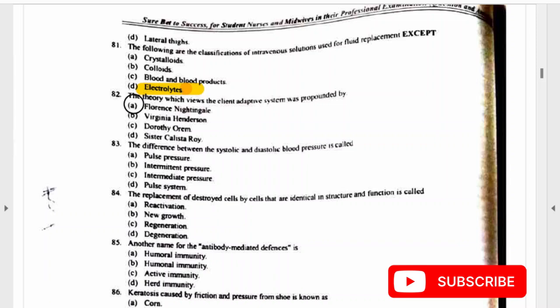So 82, the theory which views the client's adaptive system was propounded by who? You can tell me the answer without thinking much about it. It is Sister Callista Roy.